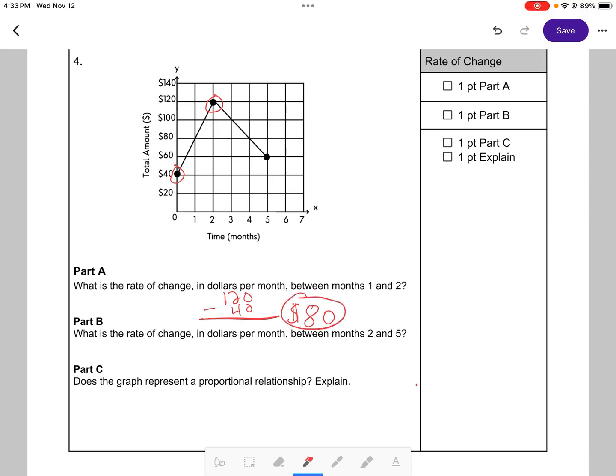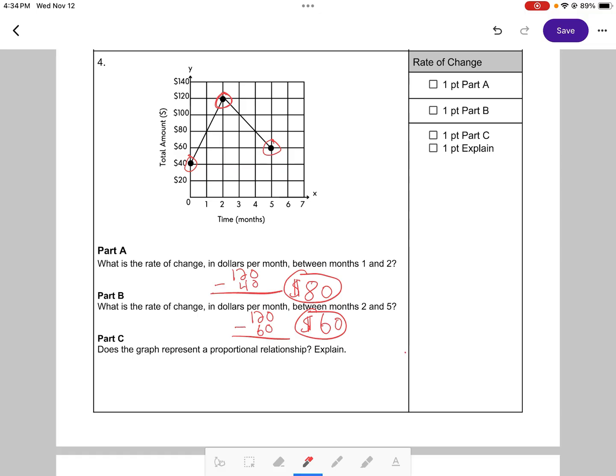Then for part B, I'm looking for the rate of change between here, month 2, and here, month 5. So I start at 120, and then I'm subtracting because I'm going down 60. And we know that 120 minus 60 is 60. So the rate of change between months 2 and 5 is $60.